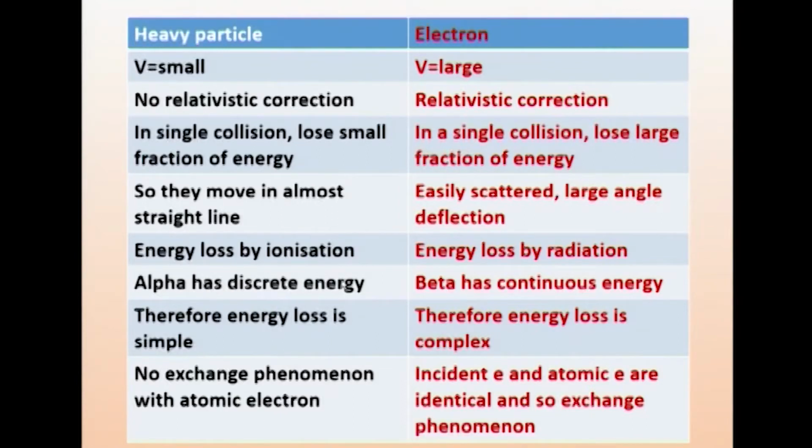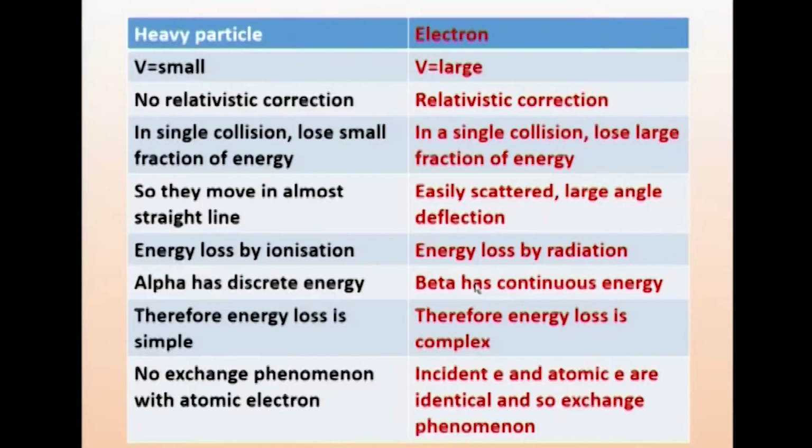Alpha has discrete energy. See, when you take uranium, it will emit alpha particle, and all the alpha particles which come out will have the same energy. For example, if it is 4 MeV, all of them will be coming with 4 MeV energy. That is called discrete energy. Beta has continuous energy. For beta, we have already discussed under beta decay, it has a continuous curve.